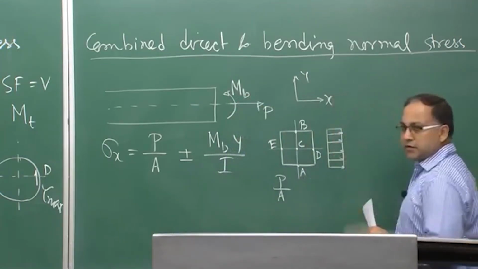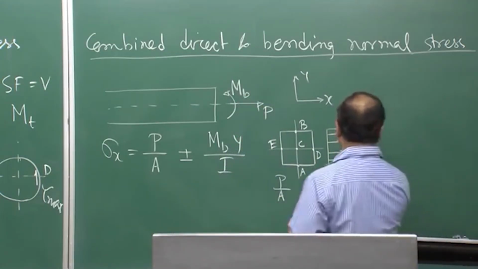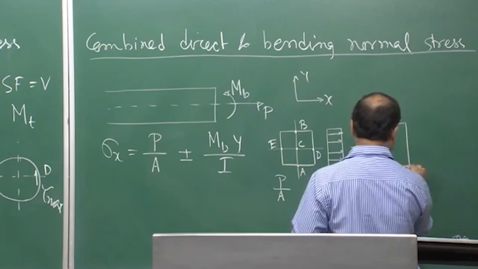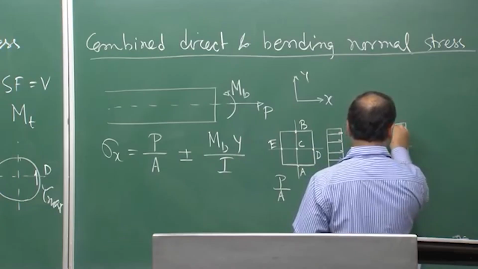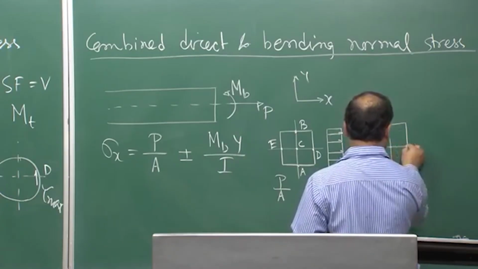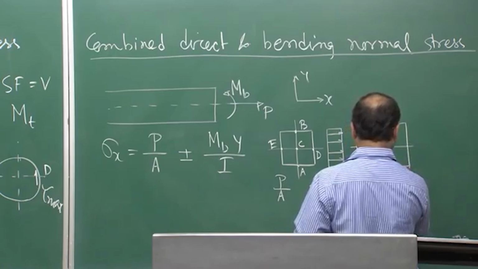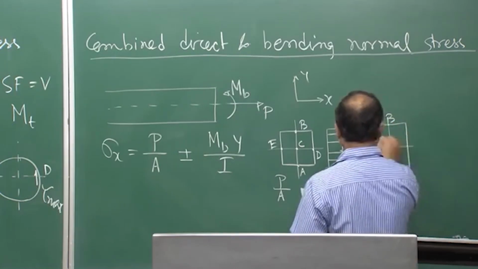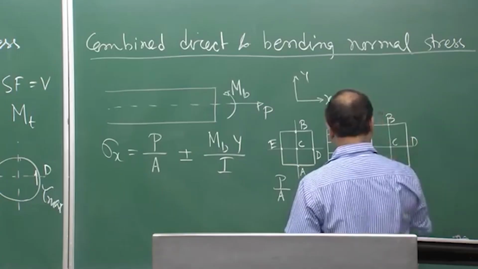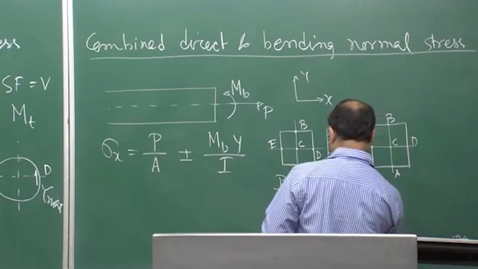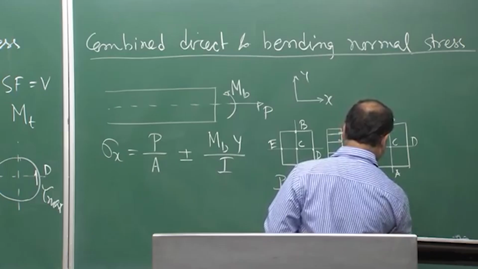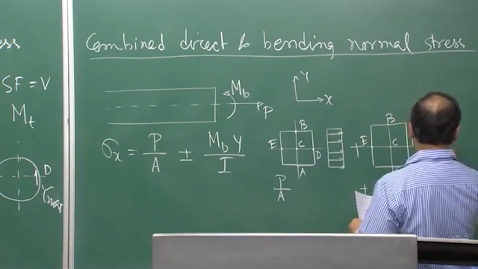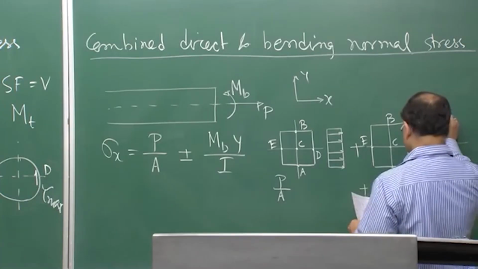That is the direct normal stress plus the stress due to bending, for points A, B, C, D, E. That is for plus minus MB y by I. For that your distribution is something like this.